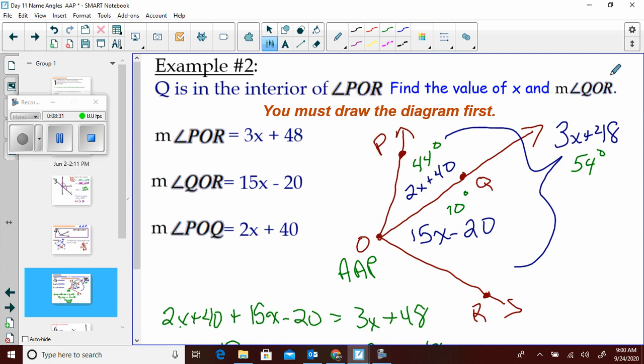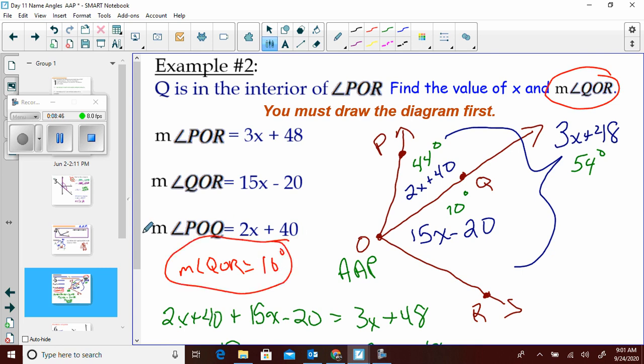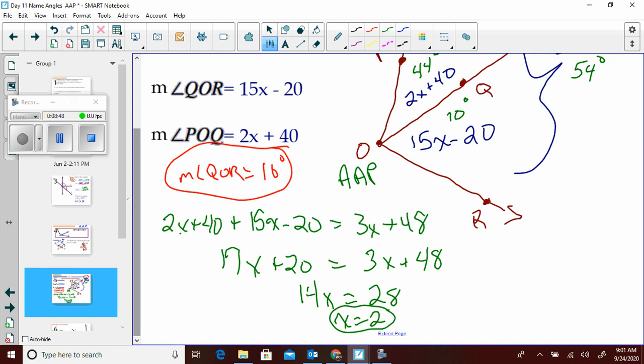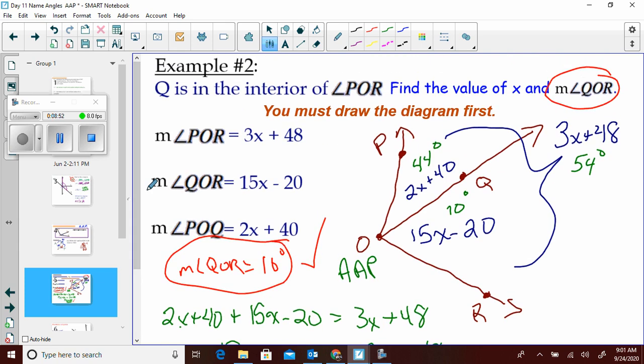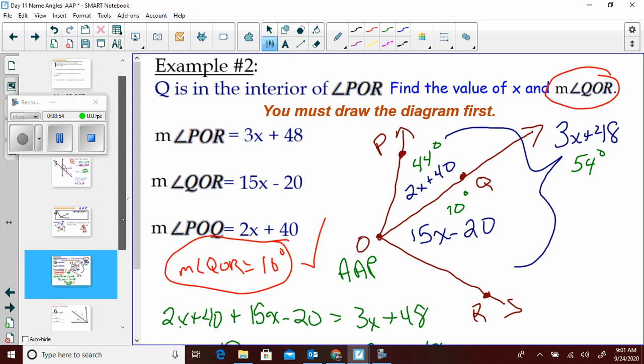It asks for the measure of QOR. So when you're answering, we have X, and now we have the measure of angle QOR. QOR is 10 degrees. So if we're answering a test, we need to put these two answers here and here, because that is what the question asks for.